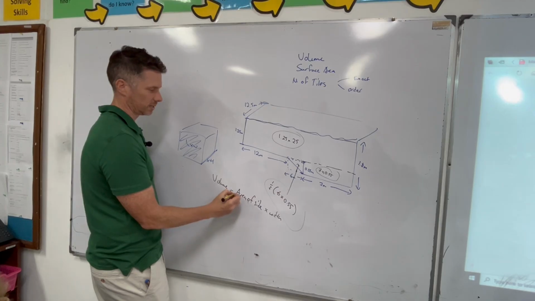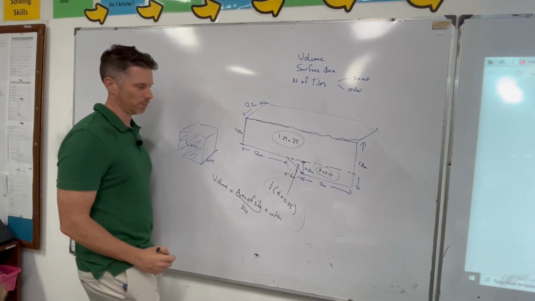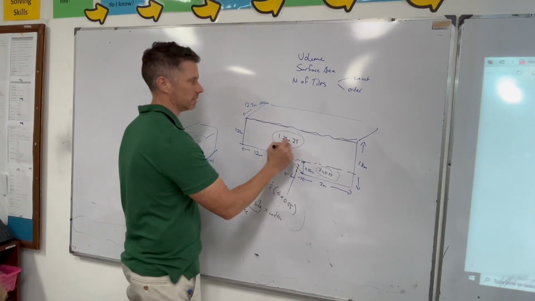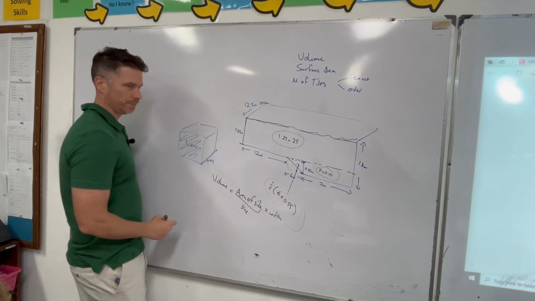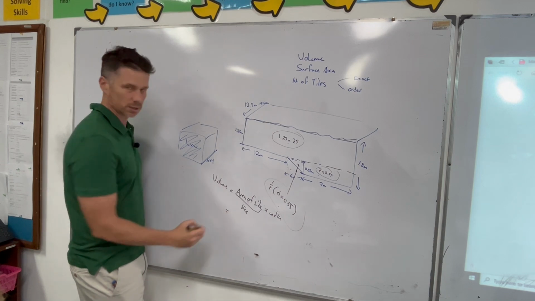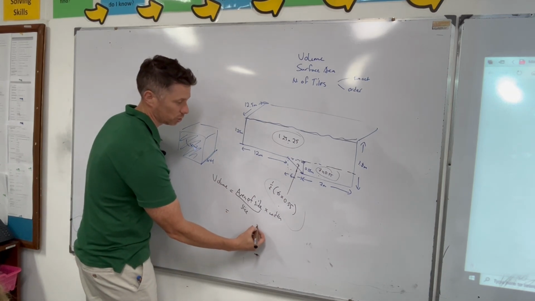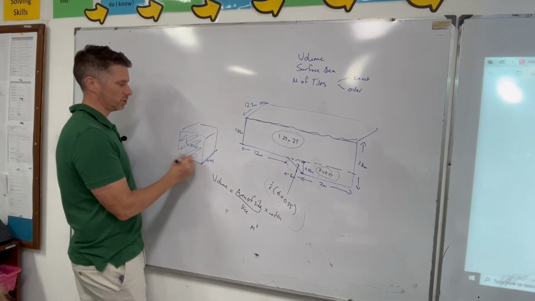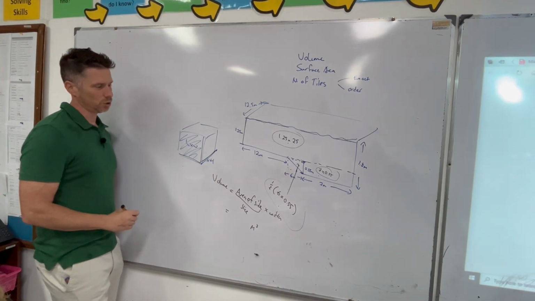One slice, the area of the side, that's like what I call a slice. Multiply it by the width. So whatever you get when you add this together, multiply by 12.5, that will give you the volume. In what unit? Meters cubed, because we're multiplying 3 dimensions. 1, 2, 3 dimensions. We do meters cubed.